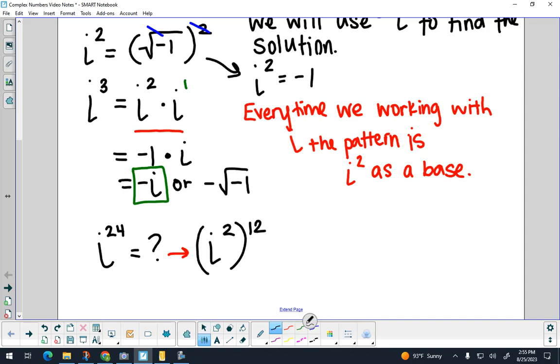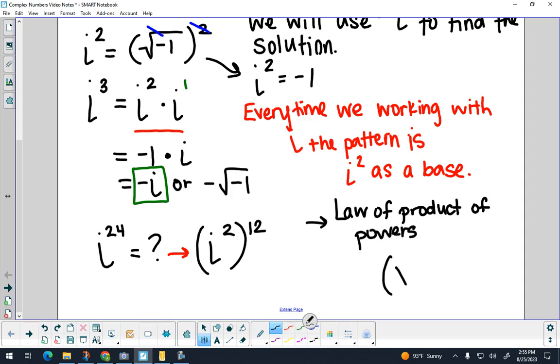So this is where we need to go back into this law, this law of powers, that tells us when we have x to the m in parentheses raised to a power of n, it means that we can do m times n. So in this case, 2 times 12 would get us back to this 24. So I could write it like this.